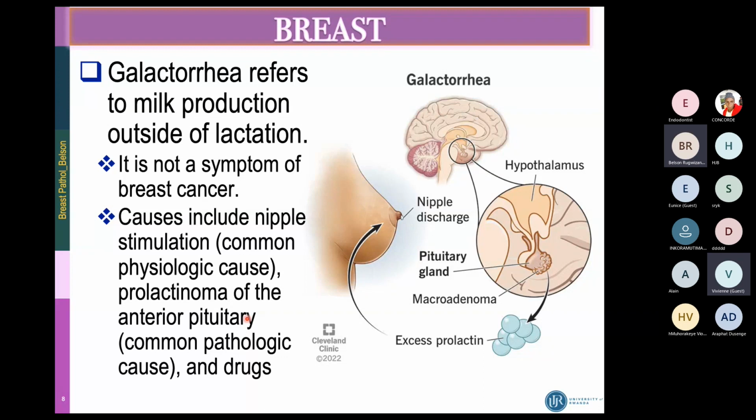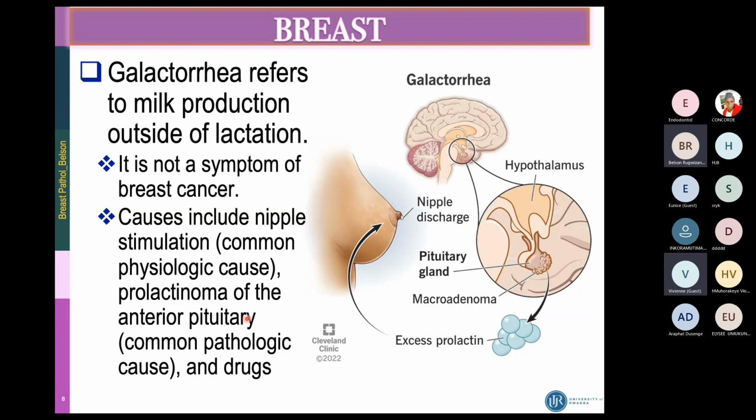If the pituitary gland has a tumor in cells producing prolactin, this tumor is called prolactinoma. You understand that the pituitary gland will release too much of this hormone, and this hormone is the one responsible for milk production.